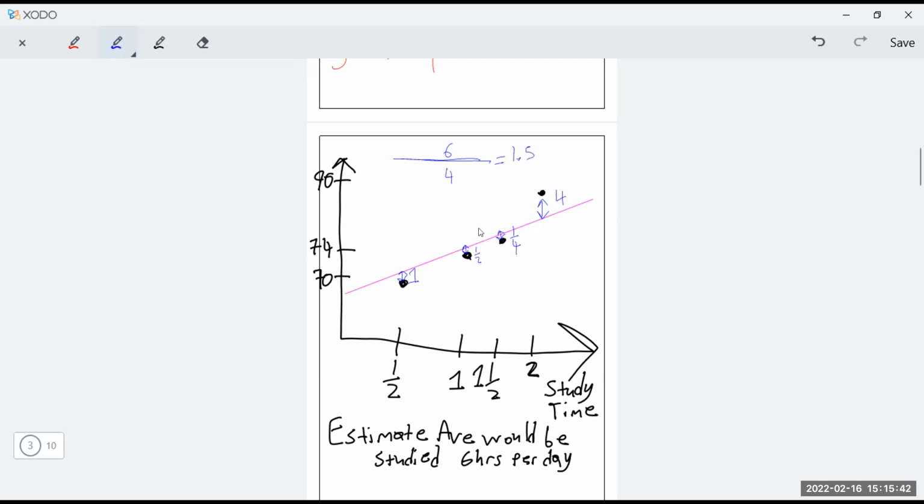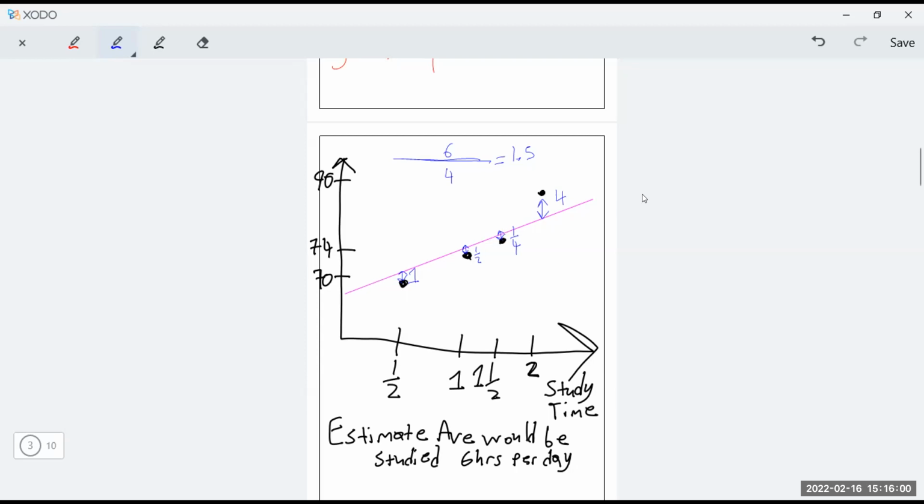Then what we're saying is, for the best fit line, we want each point to be roughly 1.5 deviations away from the best fit line. All right, that's what we're roughly saying.